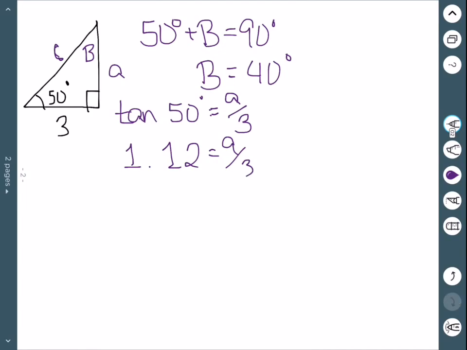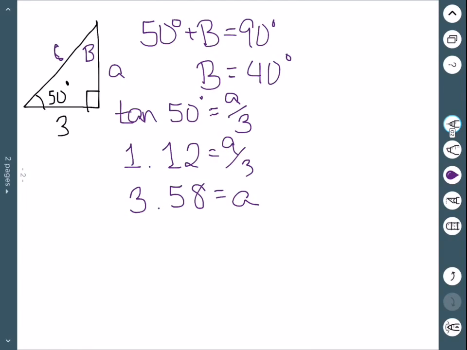Multiplying both sides by 3 then gives us approximately 3.58 equal to a. And depending on how you rounded, your answer may be slightly different than mine. I actually never rounded until my final answer.